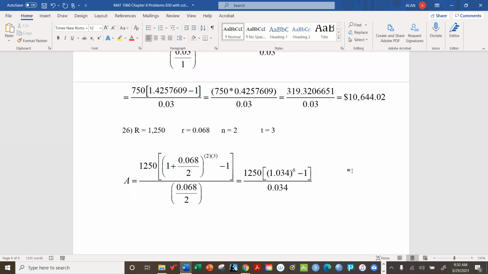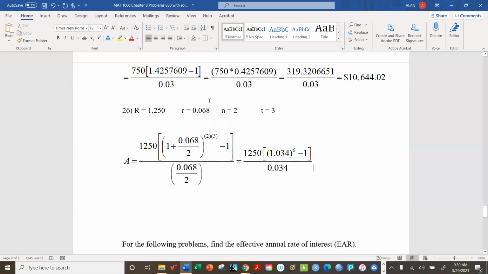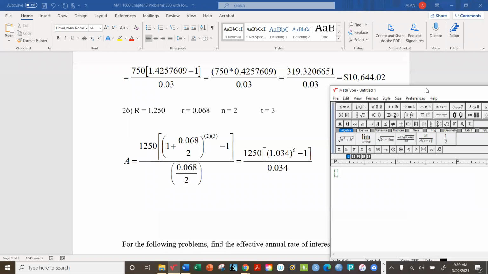Okay, all right, now let's continue to simplify. So that means we're going to have 1250 in the brackets, 1.034 to the 6th power, which is approximately equal to 1.222146399 minus 1.